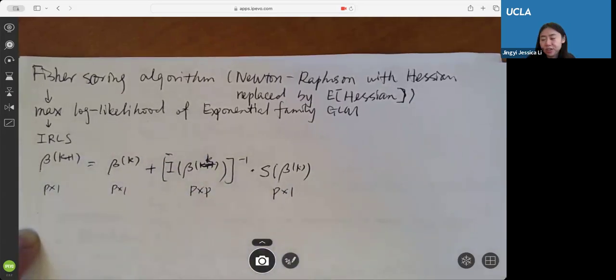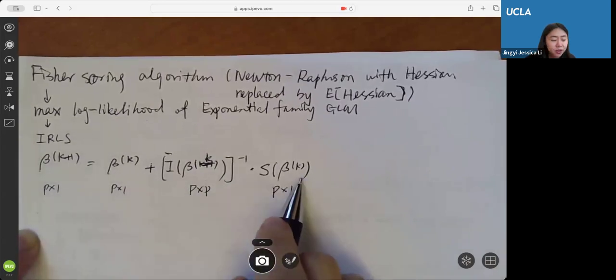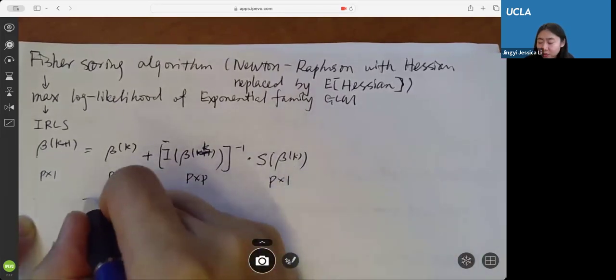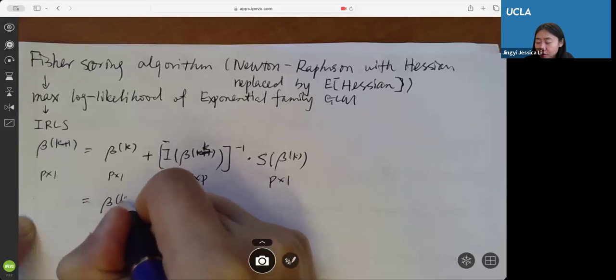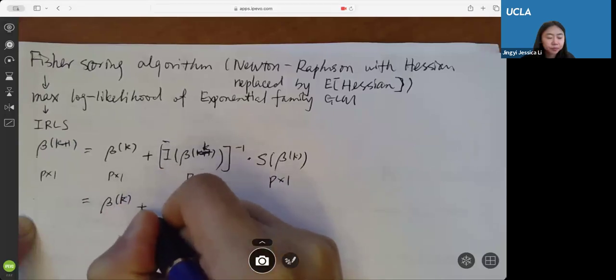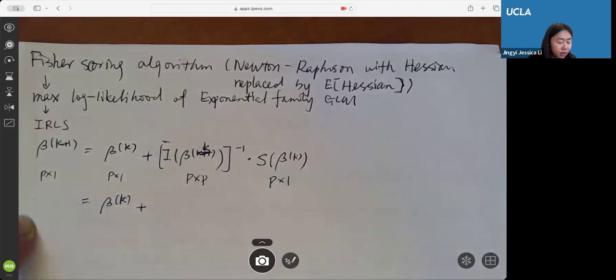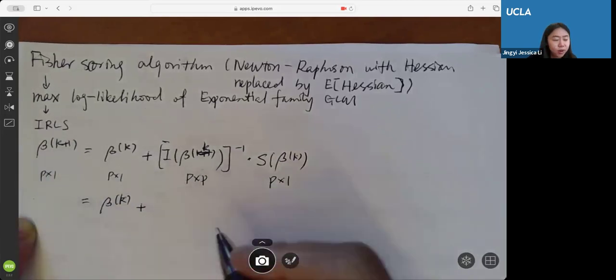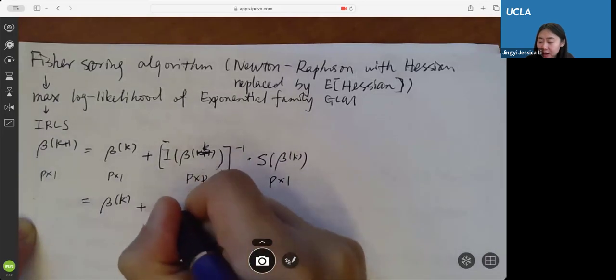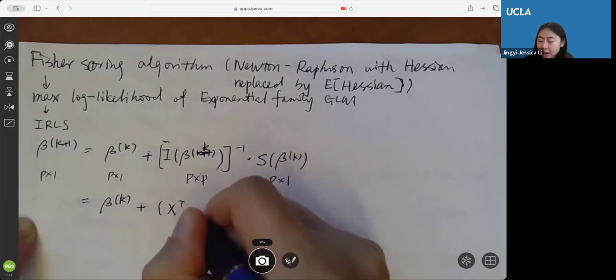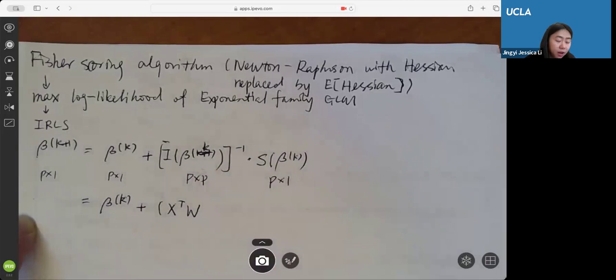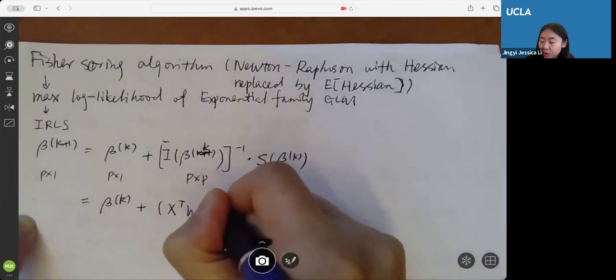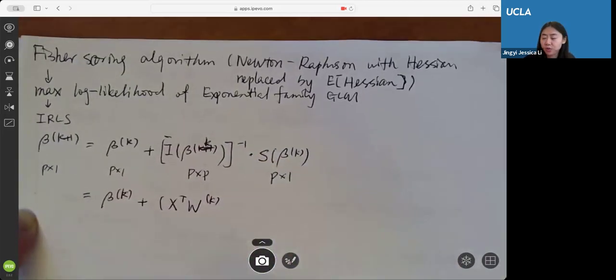And in our last lecture, after the derivation, we found that we can write it in the form of reweighted least squares. So essentially, we can show that this beta k plus 1 can be expressed as the inverse of X transpose times the W matrix we define, given the current parameter values. So we write W_k.